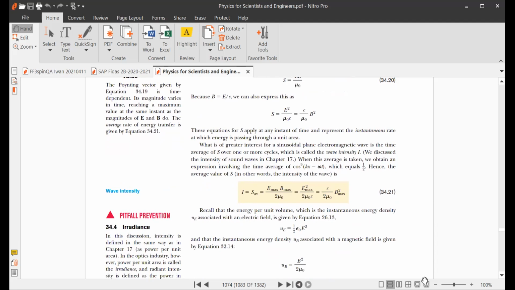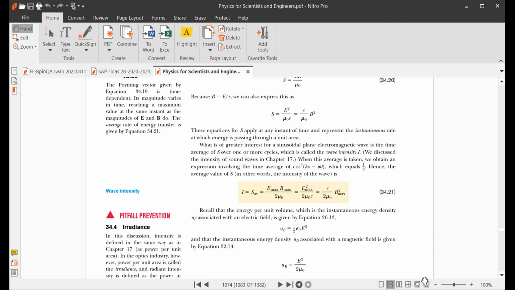So the intensity, for example, for sound is related to the level of hearing, the loudness level. For light, it's related to the brightness level.